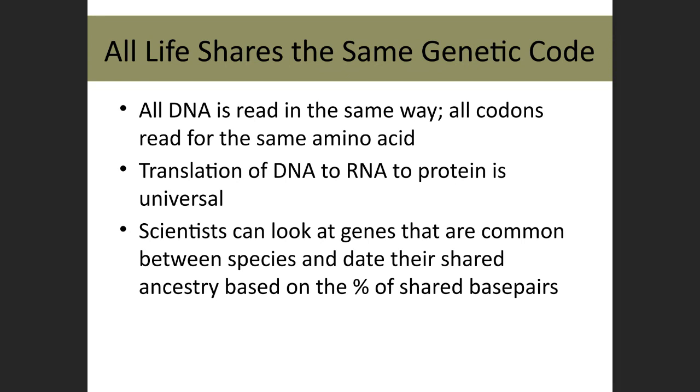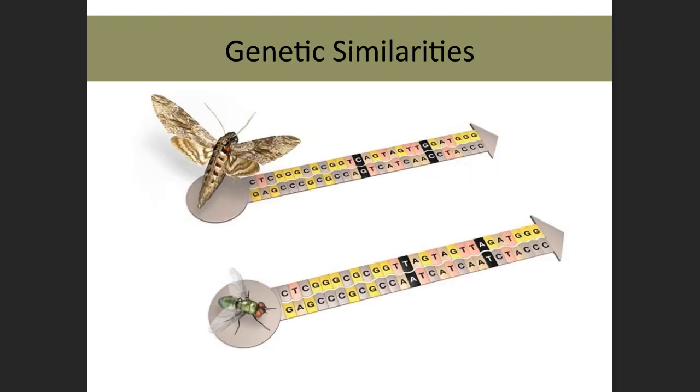If this is the ancestor, they both have diverged since then, and how many changes have built up along the way over time. So, you know, that's just sequencing, and here it's showing you a few differences of DNA that have built up between this moth and this fly.